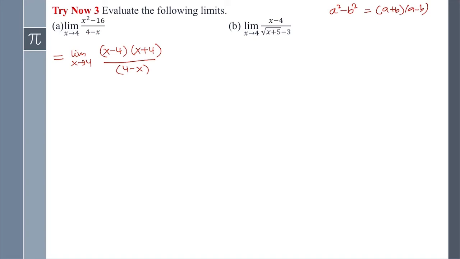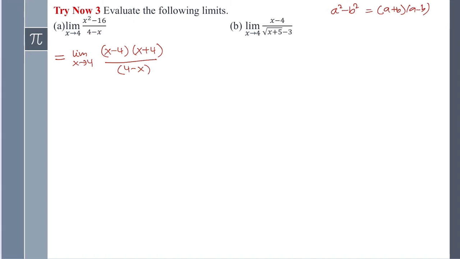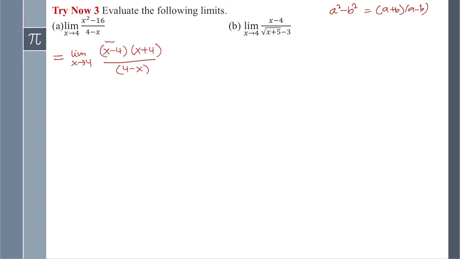Now, if you look at these two factors, x minus 4 and 4 minus x, they are very close, but they are not exactly the same. So we cannot cancel them if they are not exactly the same. So I'm going to factor out -1 from here so that those two factors look exactly the same. So let's go ahead and do that.